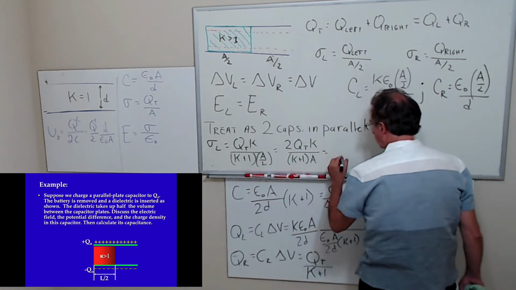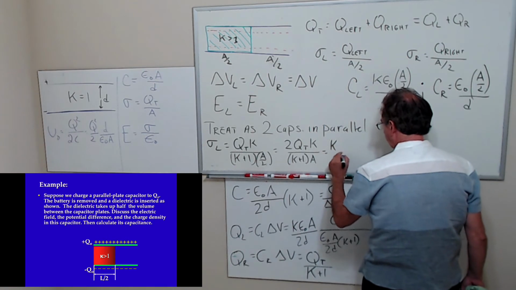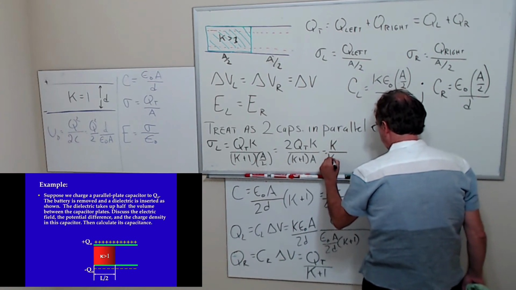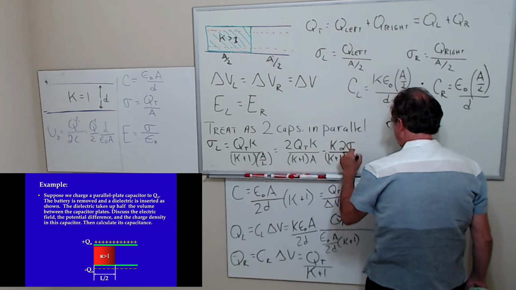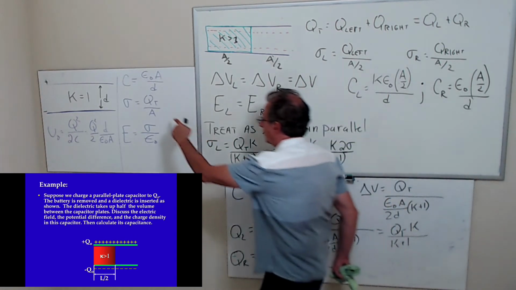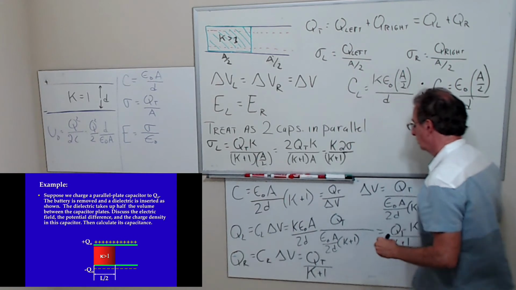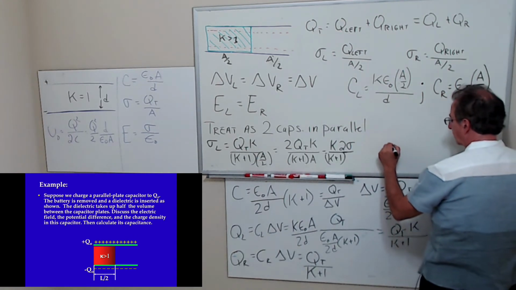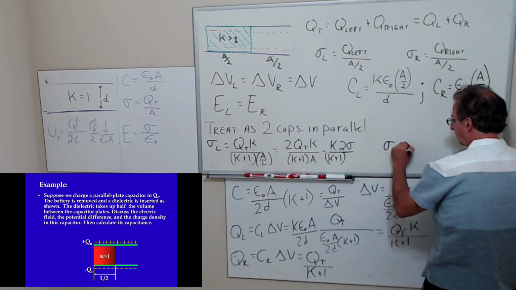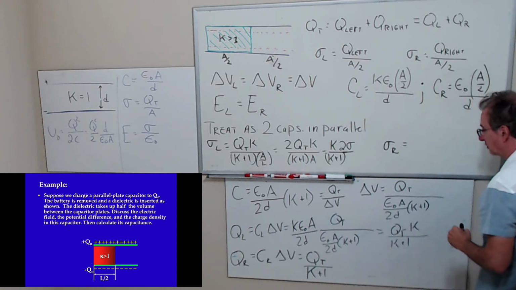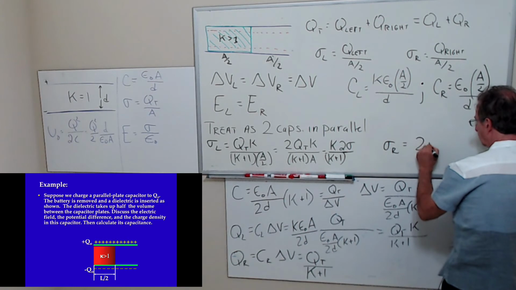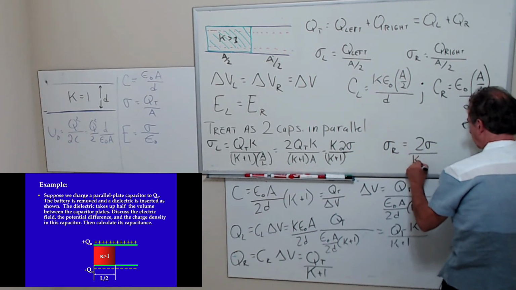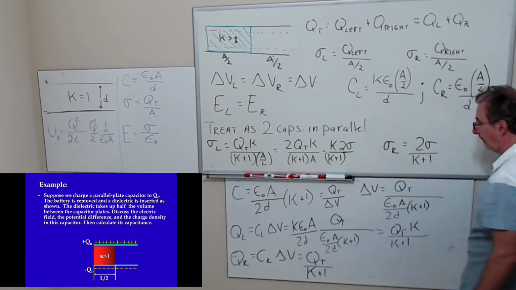I can write it this way, where sigma is this guy. Similarly, sigma right, I can show sigma right ends up being 2 sigma over kappa plus 1.